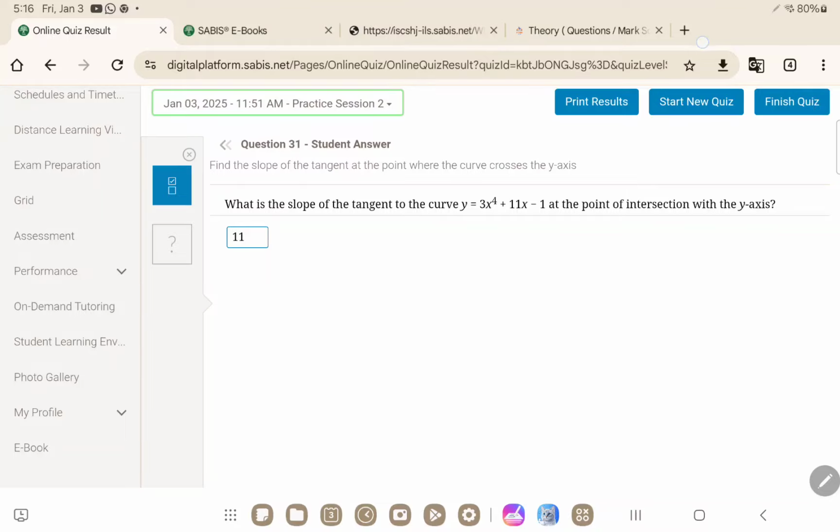Here, when they ask what is the slope of the tangent to the curve at the point of intersection with the y-axis, what we do is we have to differentiate, and we get 12x cubed plus 11, and any constant becomes 0, so we don't write it in our derivative.